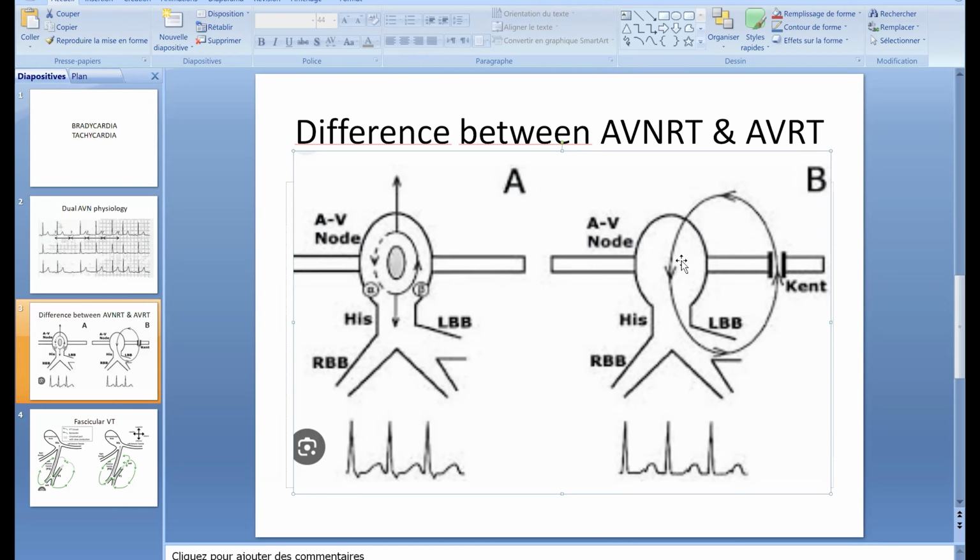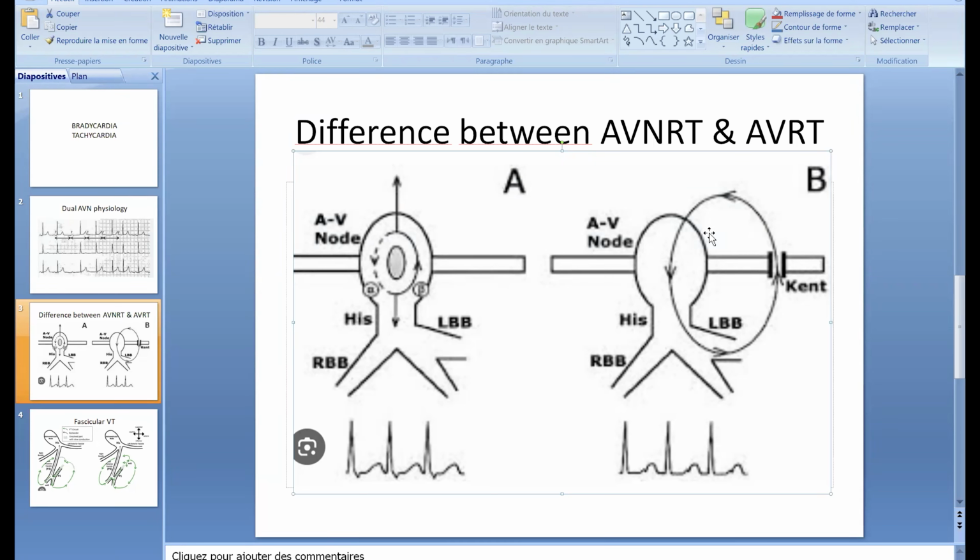So automatically, the time consumed is more than in AVNRT, so the RP interval will be longer. So that is the difference between typical AVNRT and AVRT. After that, we will see another criterion. So that was the first question.